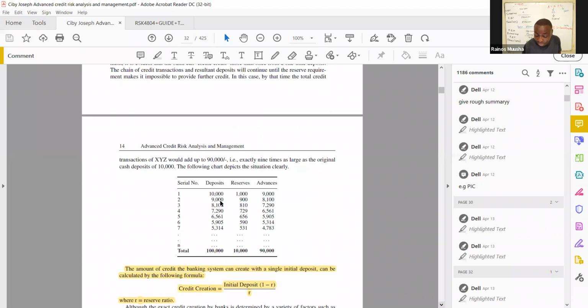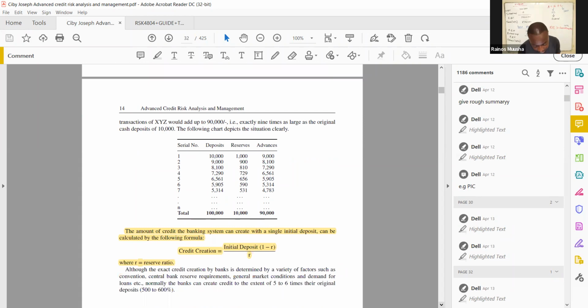From the initial 10,000 deposit, they have created 100,000 worth of deposits. They are sitting with a 10,000 rand reserve, and they've managed to give out advances of 90,000.